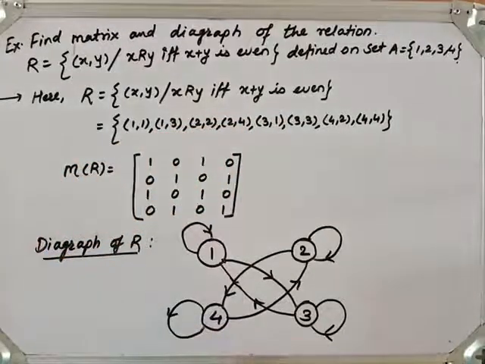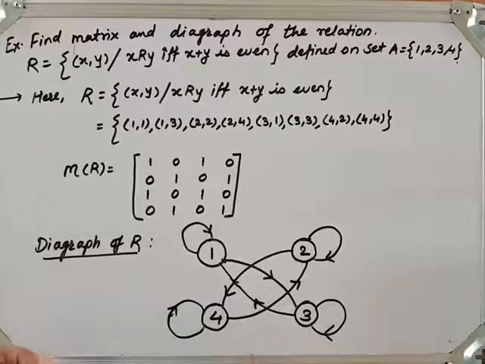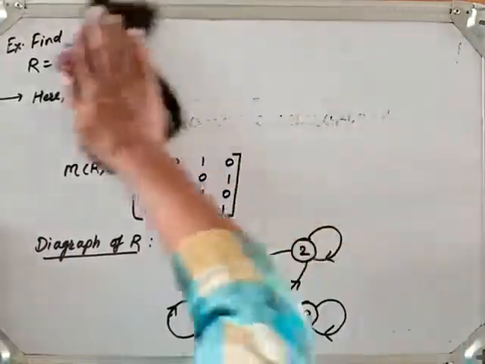Fine. So as such we get the digraph here. Now let me take one more example for composition. Let me take the example for composition. So suppose two relations are given to us, and their matrices are also given to us.